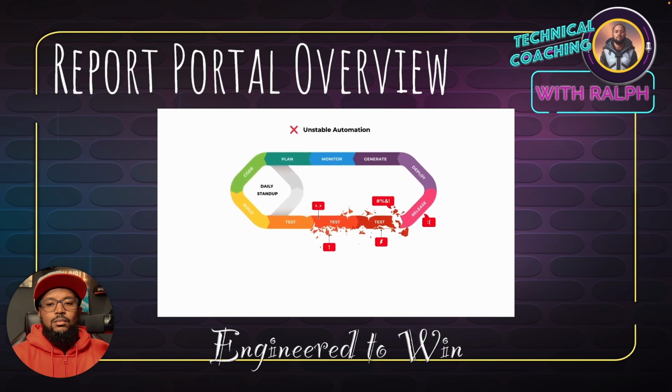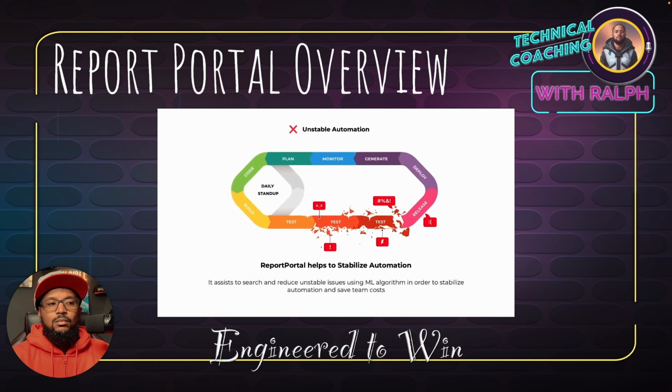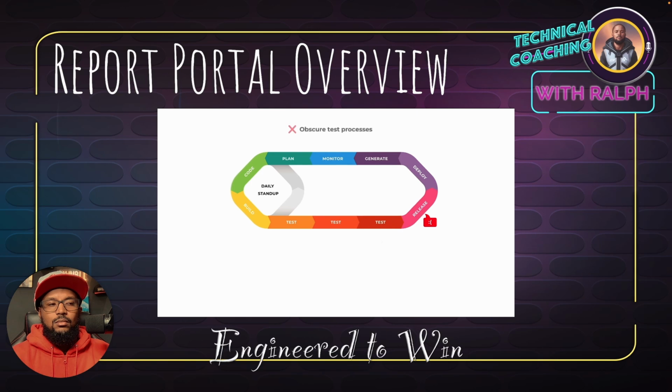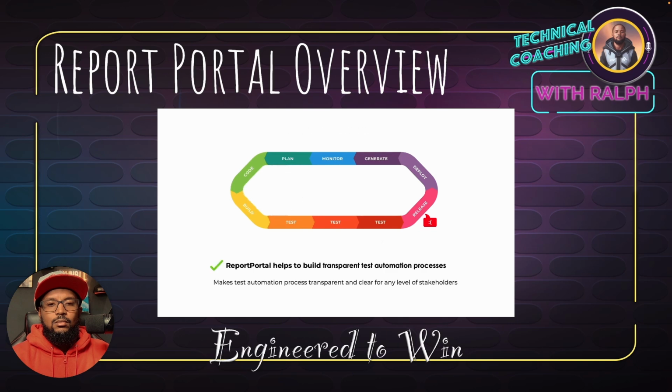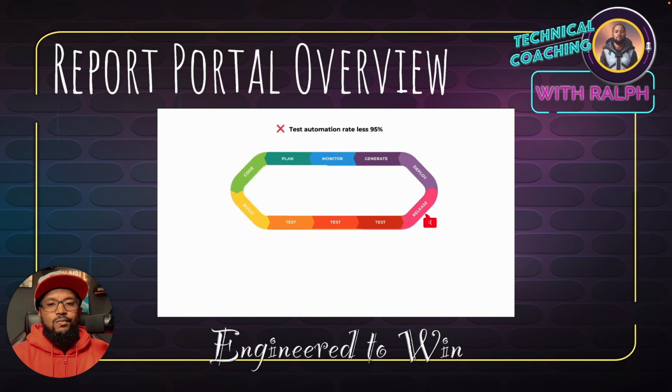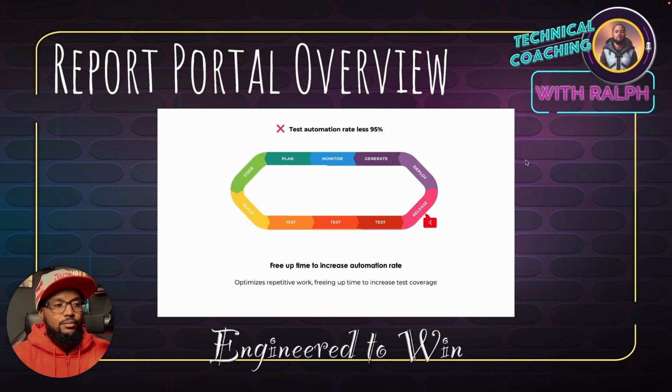It assists to search and reduce unstable issues using ML algorithm in order to stabilize automation and save team costs. Makes test automation process transparent and clear for any level of stakeholders. Optimizes repetitive work, freeing up time to increase test coverage.